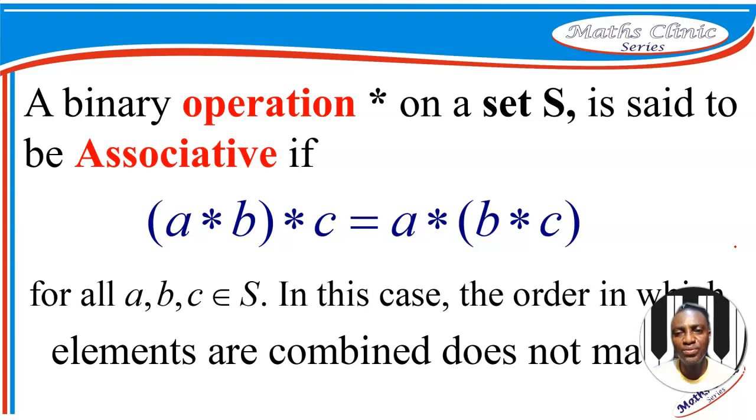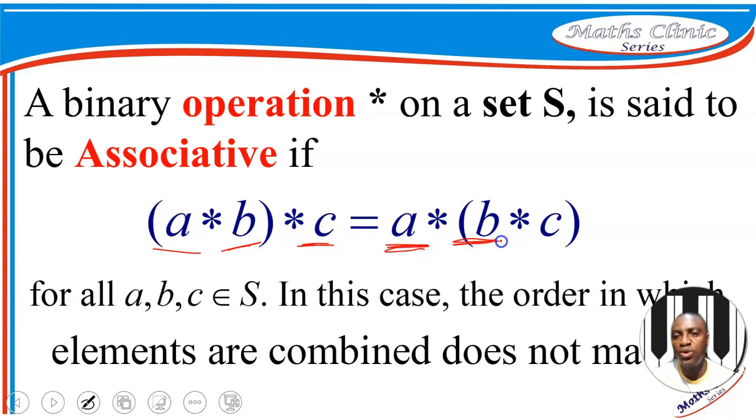In a very simple definition, a binary operation star on a set S is said to be associative if (A operation B) operation C is equal to A operation (B operation C).